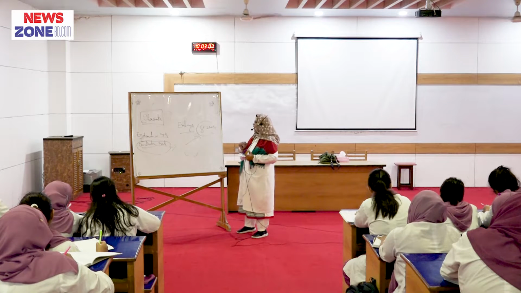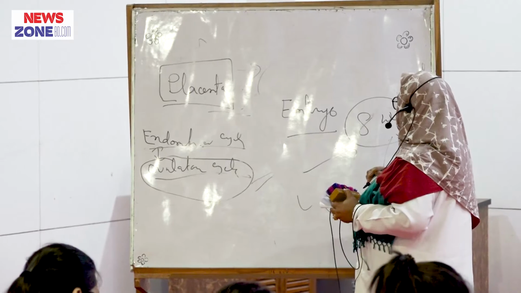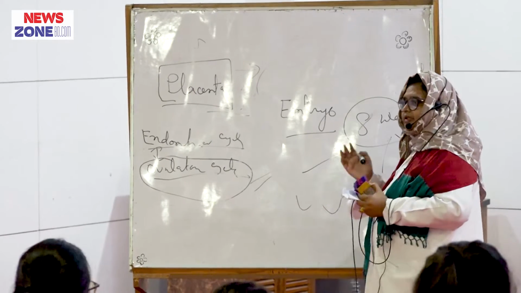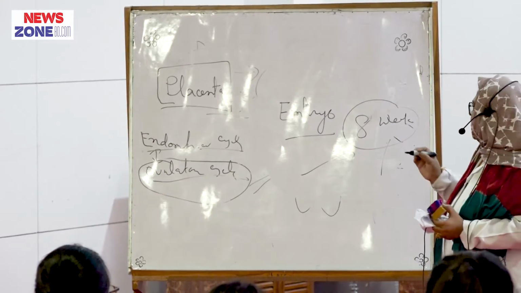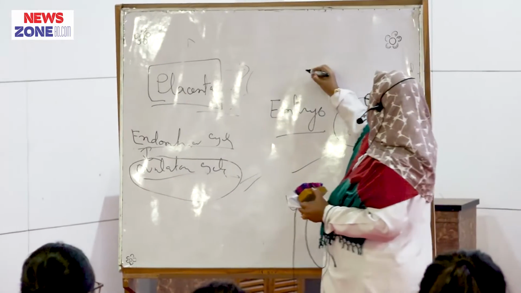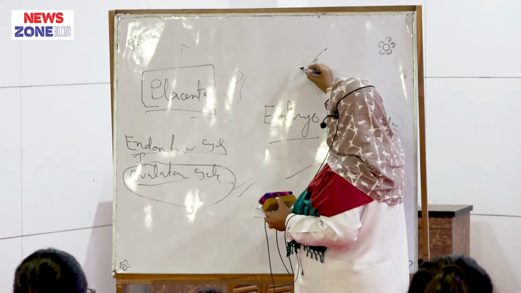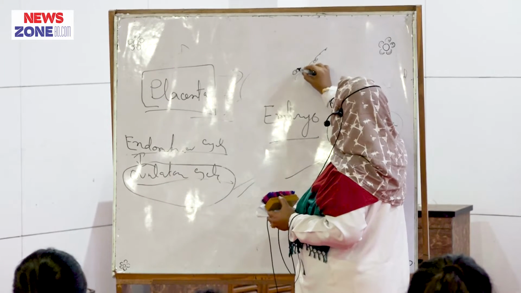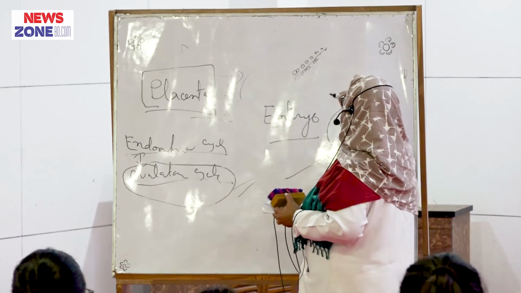Now I need to discuss how it is formed. It should be formed from outer cell mass or inner cell mass? Inner cell mass. So inner cell mass has ectoderm and mesoderm.